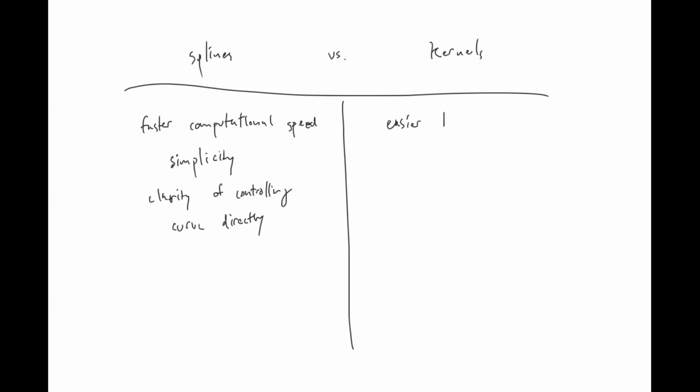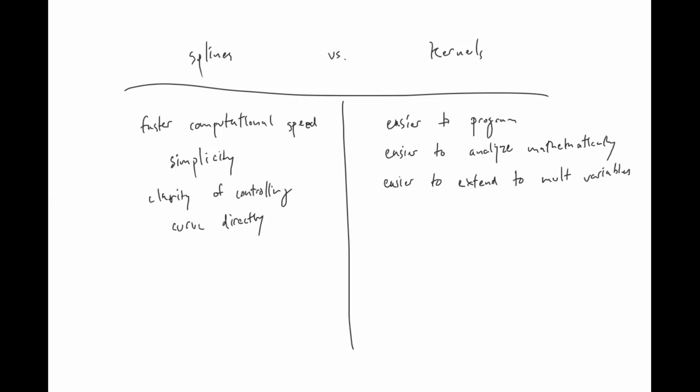Kernels tend to be easier to program, easier to analyze mathematically, easier to extend to multiple variables, because the bandwidth can encompass multiple variables, if you want it to, and combinations of discrete slash continuous variables is easier.